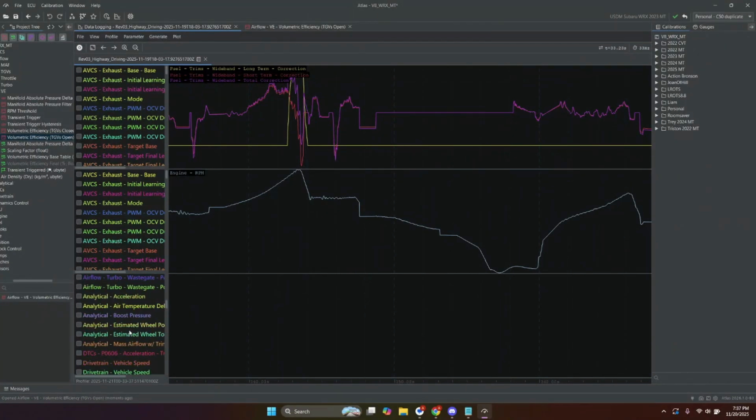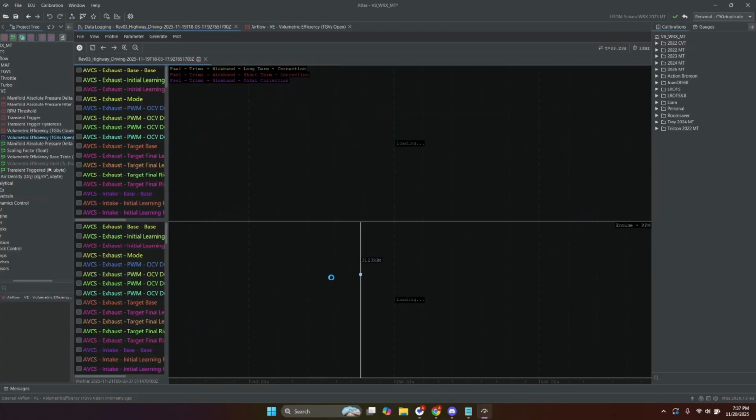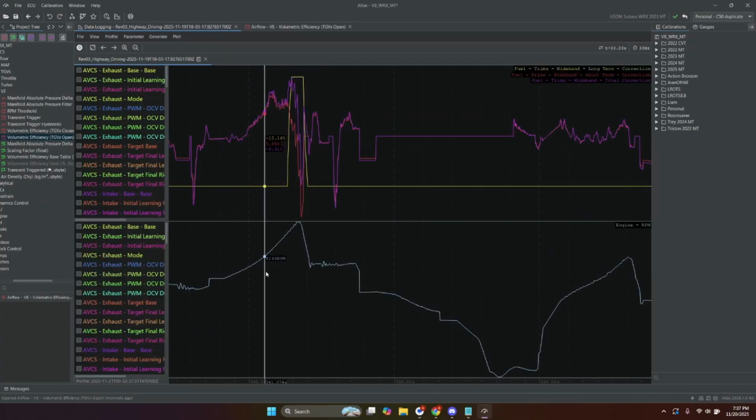It doesn't look like it's being logged here. Again, I actually don't need it because TGVs are always open on this tune, but just FYI, that's the only other thing you need to pay attention to if you're not always TGV open. So, right here, we know it's fantastic. And I clicked right there.